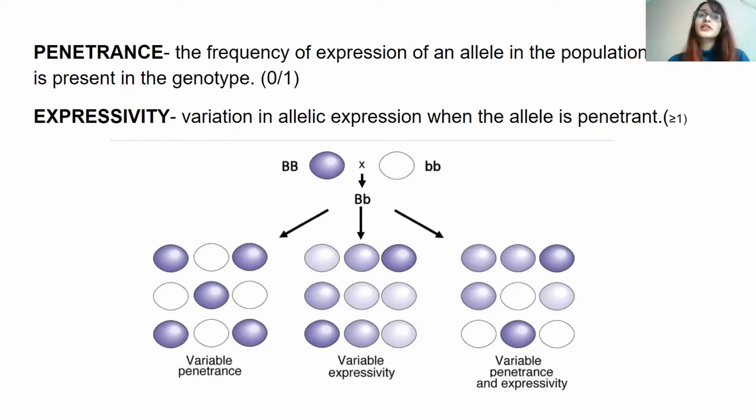Questions related to this are mentioned in the ministry book, so you should know all these. Penetrance is the frequency of expression in the population when it is present in the genotype. So you can think of penetrance as a binary system. It is either there or it is not there. If it is there, like 1, or if it is not there, like 0.